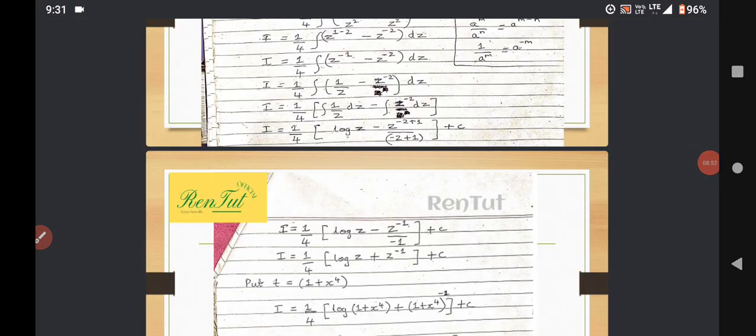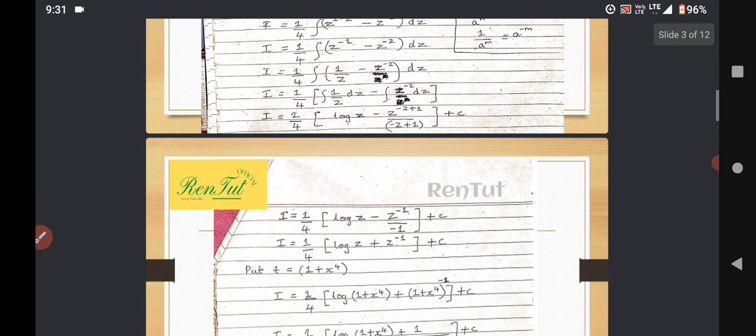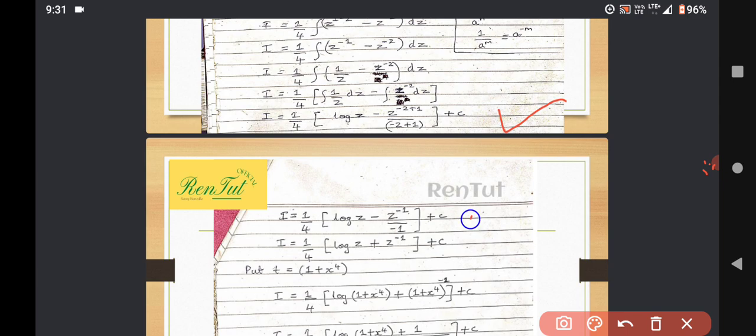Now we had already discussed this, the last part. Moving forward, you can see I is equal to 1 divided by 4, bracket log z, we have brought it down, minus z raised to minus 1 divided by minus 1 in the denominator.